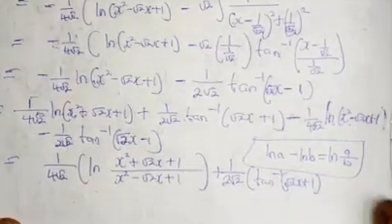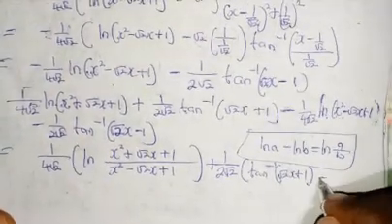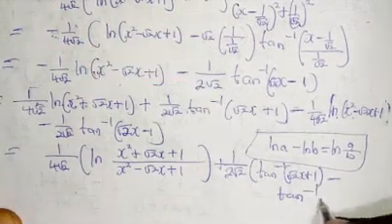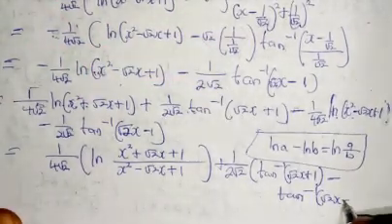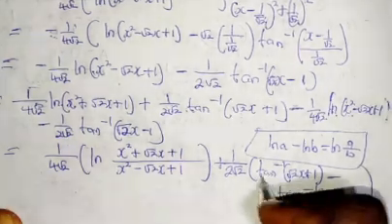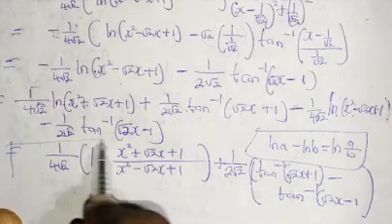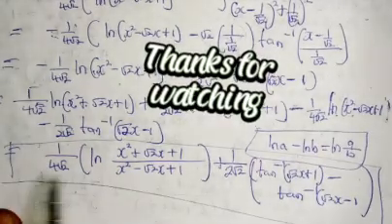Here now we have minus, so it will be minus tan inverse of root 2x minus 1. So all this is inside bracket. So this is our final answer for this exciting maths question.